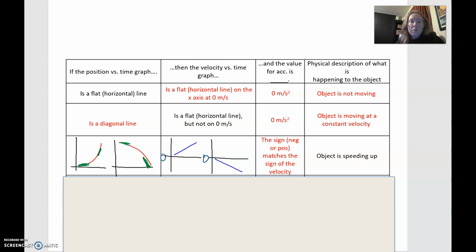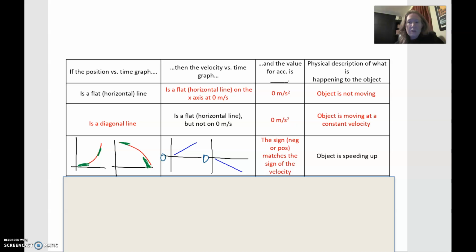And then when we talk about acceleration, the way to remember this is whenever the sign of the acceleration matches the sign of the velocity, you will know it's speeding up. So for instance, either both acceleration and velocity are positive, or both acceleration and velocity are negative. That's speeding up.